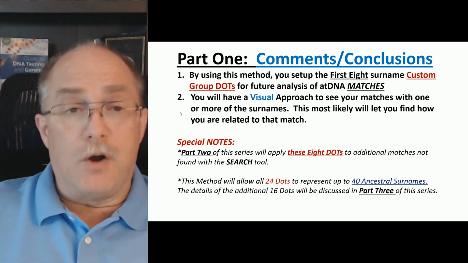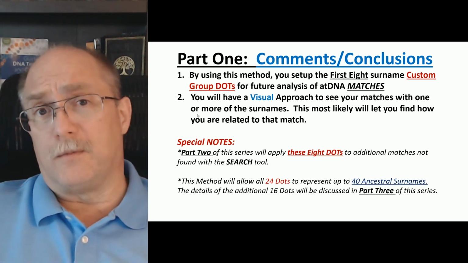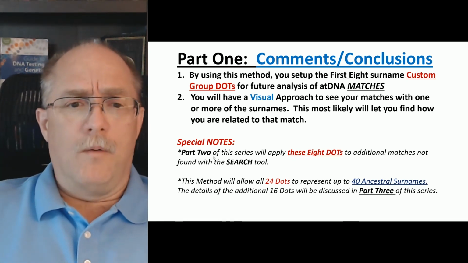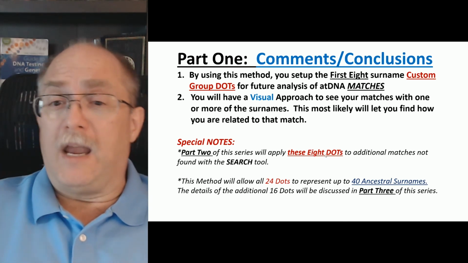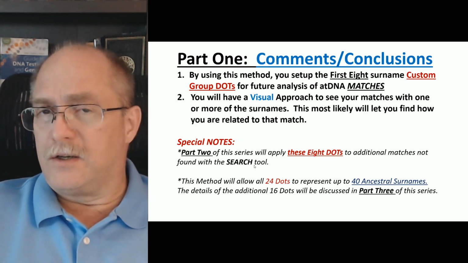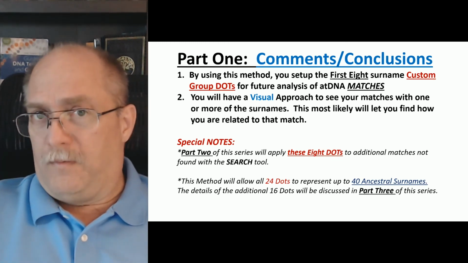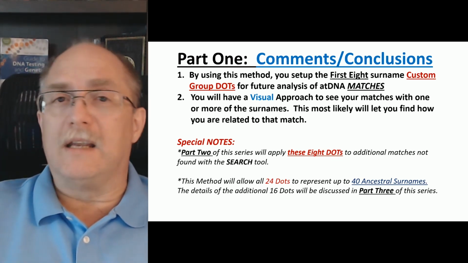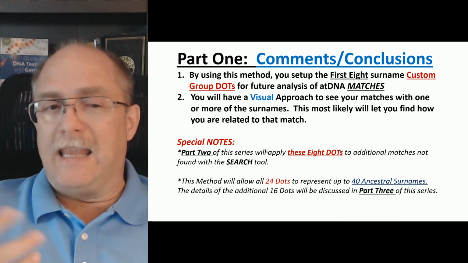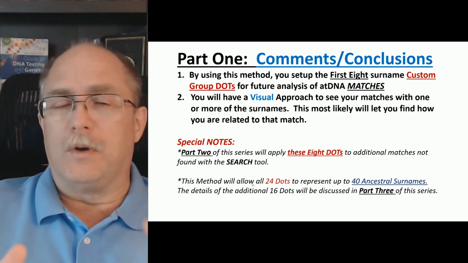Now, a special note here on these conclusions and comments on part 1. Part 2 is going to cover the additional application when we didn't find them in the search tool. Another thing we do next is how to get some additional dots added, of those 8, is part 2. And then part 3 is going to cover, there are 24 dots.